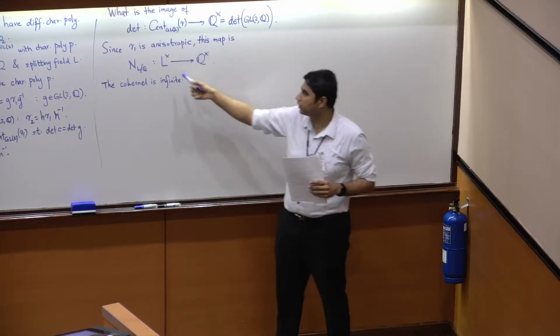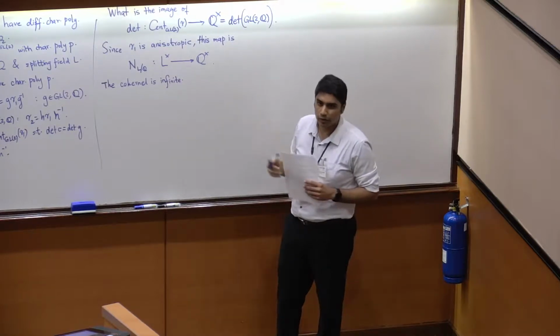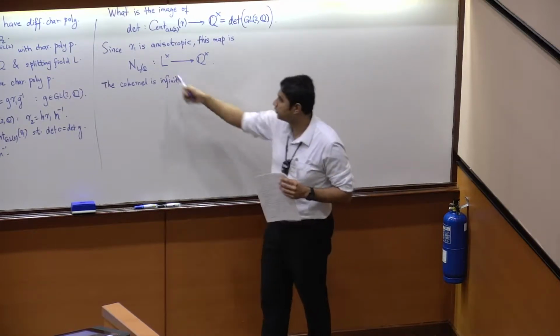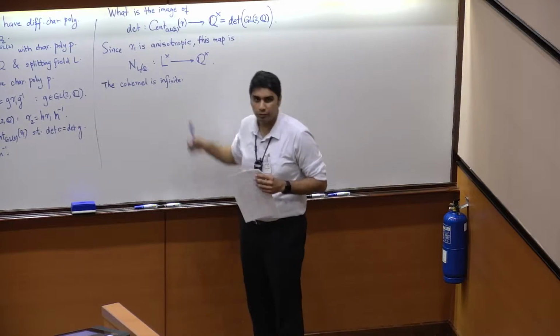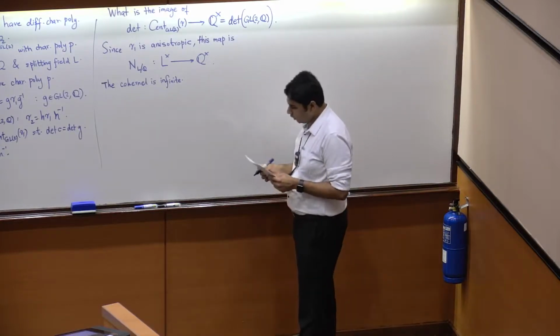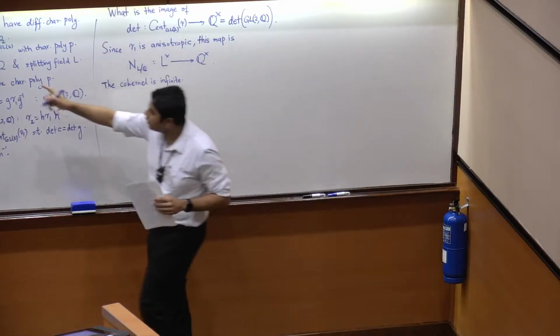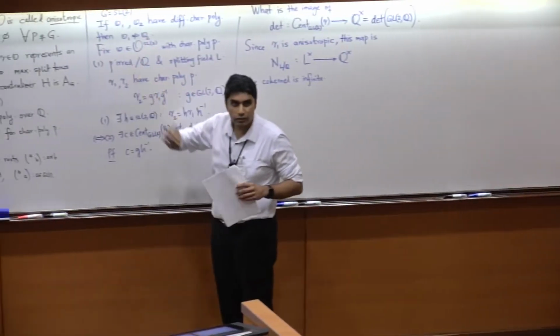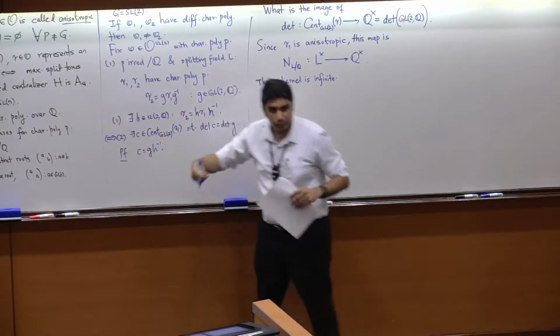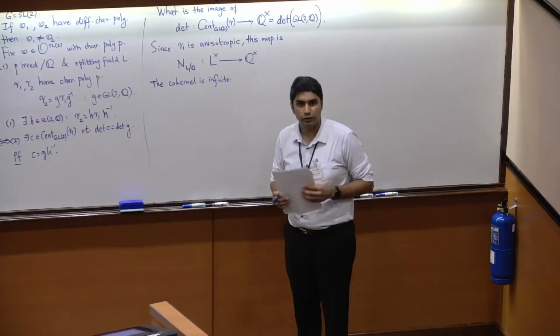Yeah, I mean, L and Q are global, so this is not local class field theory. It's a different map. So it's not the ideles or something. Had it been the ideles, it would have been surjective. So the co-kernel being infinite means that for a given GL2 conjugacy class, there are infinitely many SL2 conjugacy classes sitting inside that. Are you following?